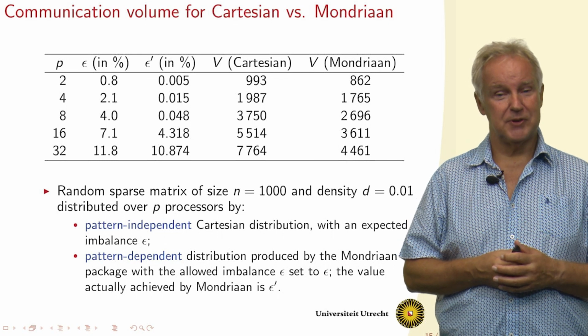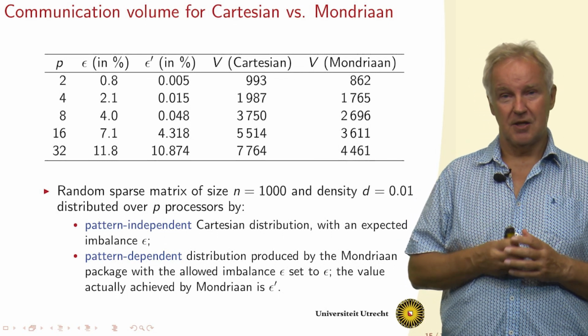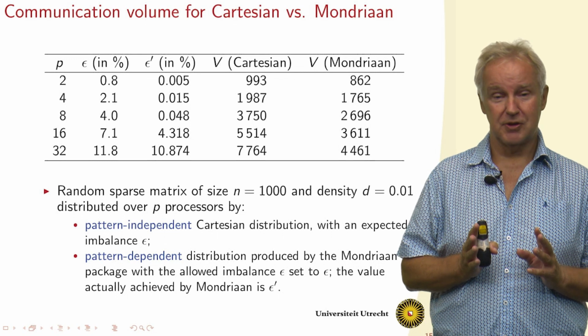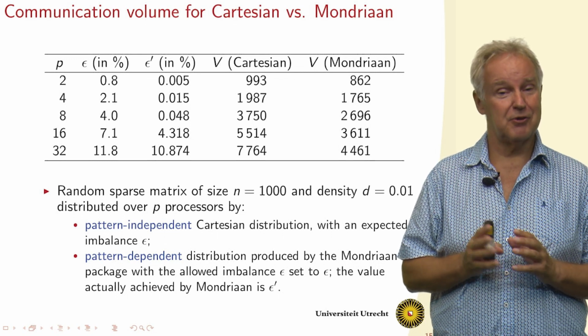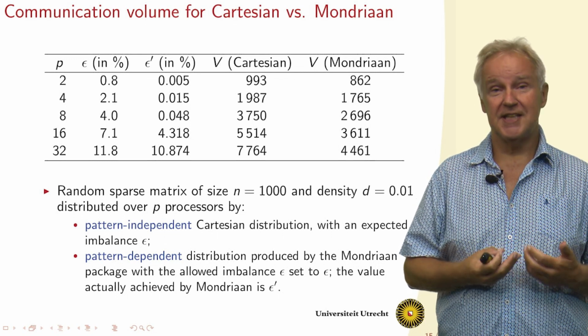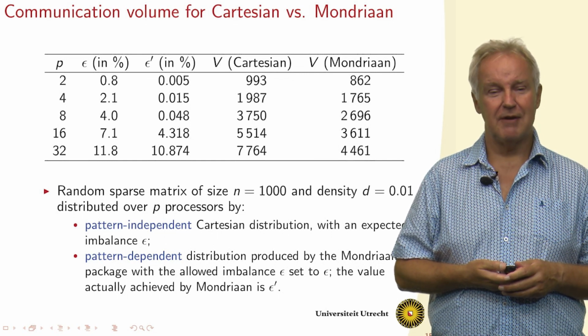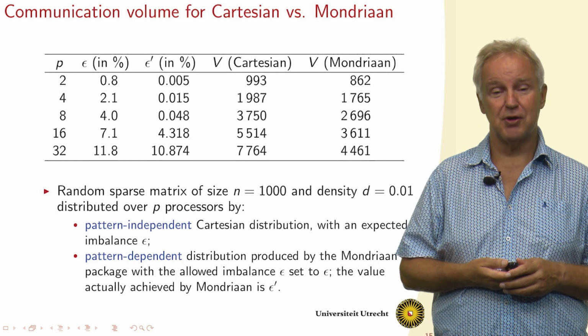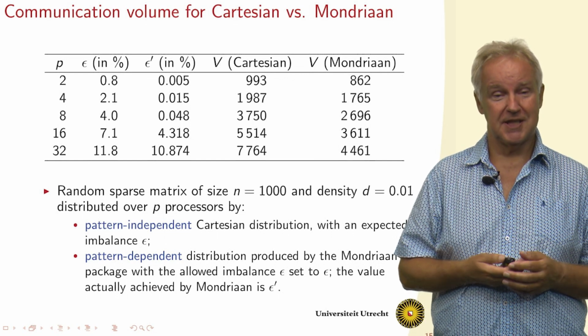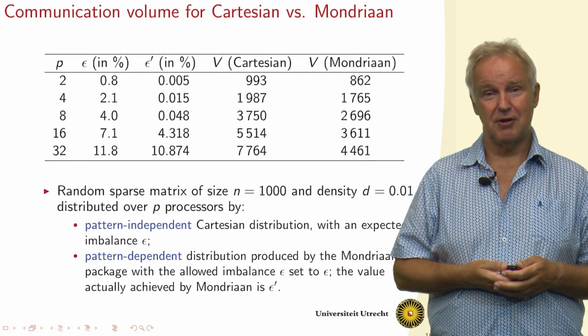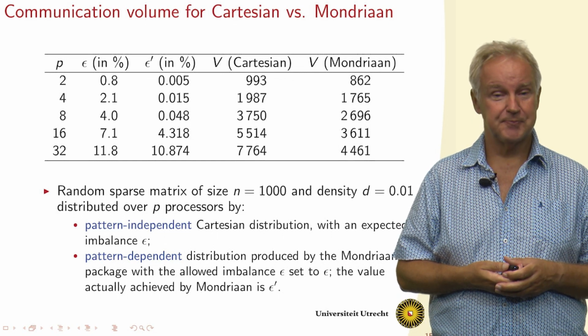Here we have some results where we compare a Cartesian distribution, for example a block distribution of a random matrix, which gives a certain epsilon, which you see in the column on the left. For example, for 32 processors, you get for this particular matrix an epsilon of about 12%.